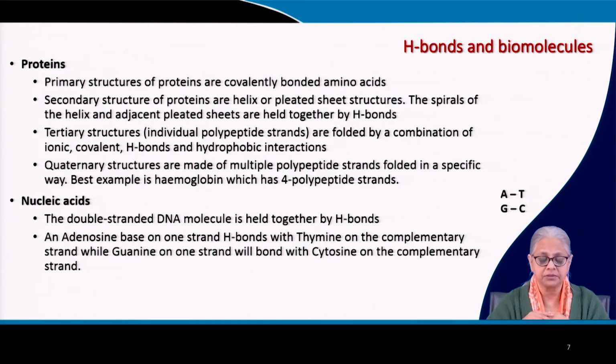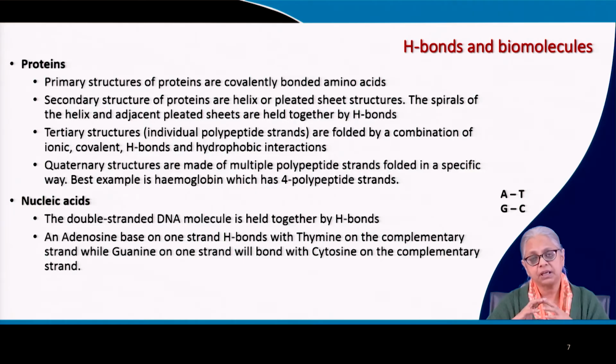And we will see, like I said, I will show you graphics that will make it clearer. But there are 2 types of folding that proteins undergo. So the primary structure we call a polypeptide strand, polypeptide for the number of amino acids that are part of the polypeptide strand.